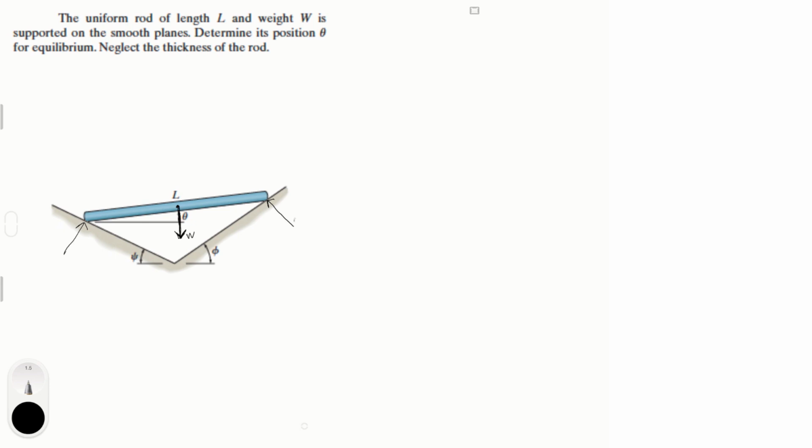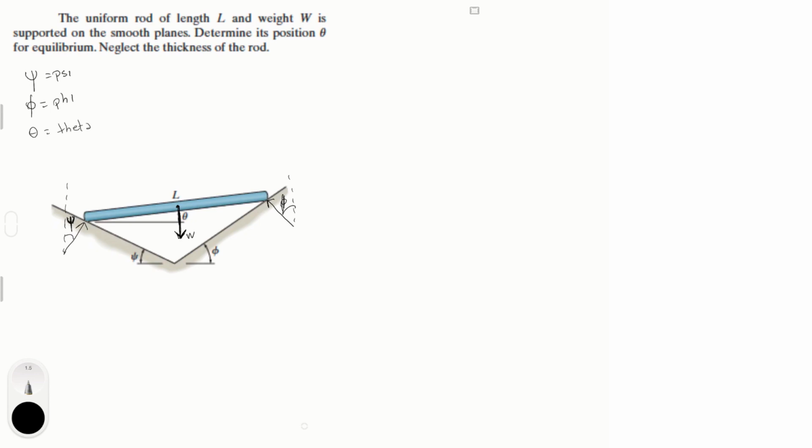Now this reaction, the angles phi, and this letter is called psi, my Greek alphabet from doing so many problems. Psi and phi, let me write this down here. Psi, phi, and theta.